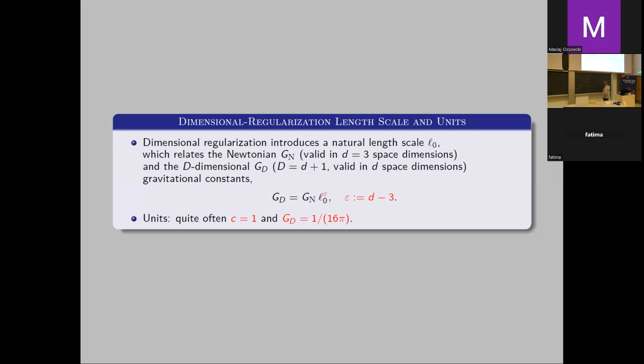You will see it very soon. And this is the reason, yes? If you have this nice formula for the energy, then you should put c equal to 1, but also G equal to 1 over 60 pi. But anyway, going back to this, why this is important? It means that before computing the limit d goes to 3 or epsilon goes to 0, you have to recover all G's to have this L0 at your disposal.